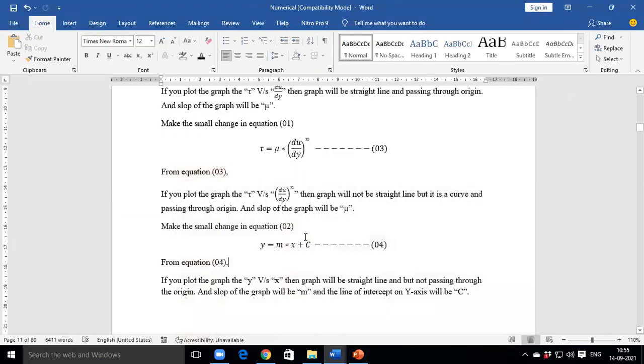So we can write this equation in terms of Newton's law of viscosity. This equation number 4 we can rewrite in terms of the Newton's law of viscosity format. How can we write it?